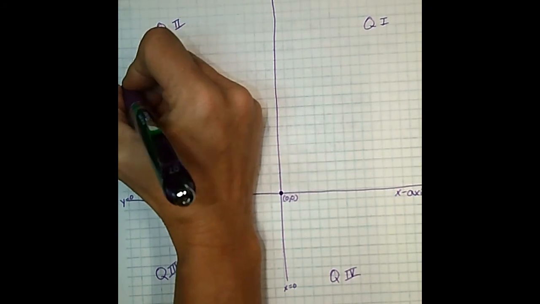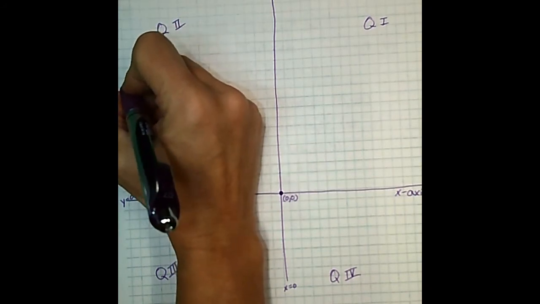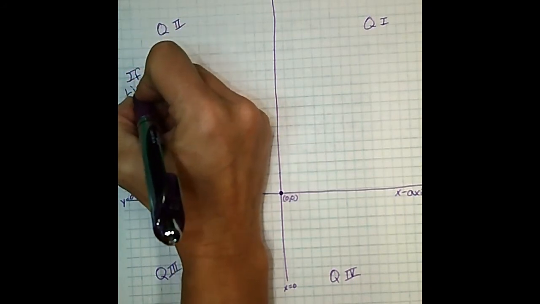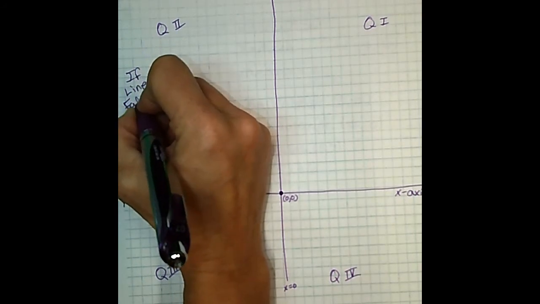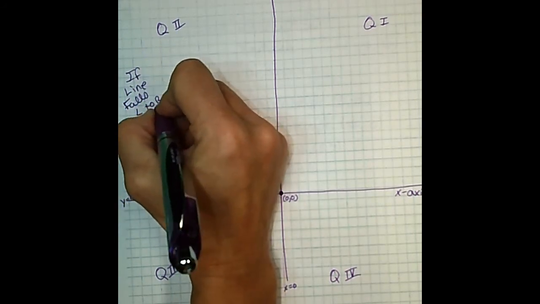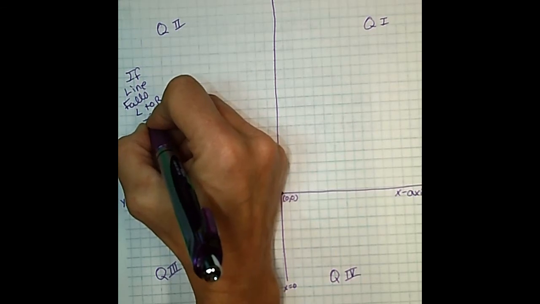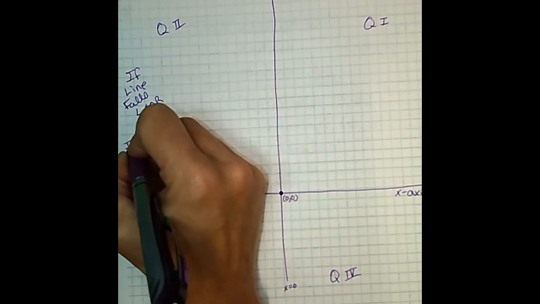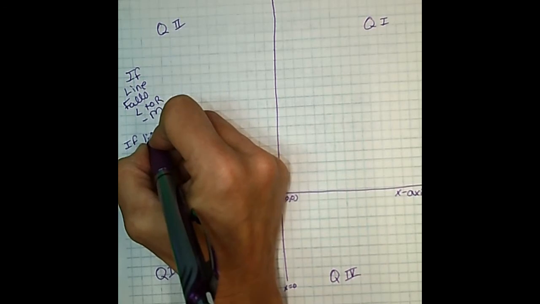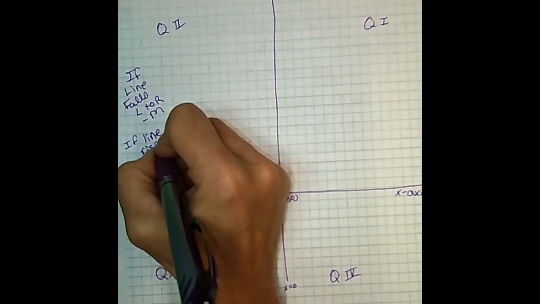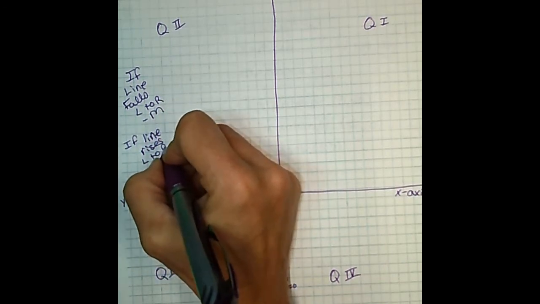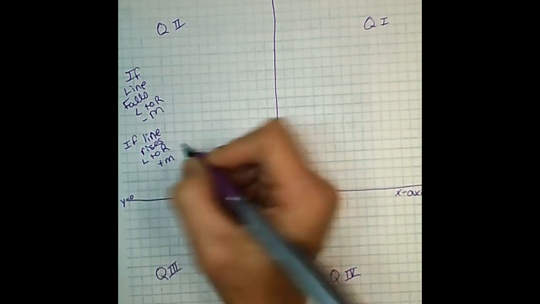And if the line falls left to right, it's a negative slope. If the line rises left to right, it's a positive slope.